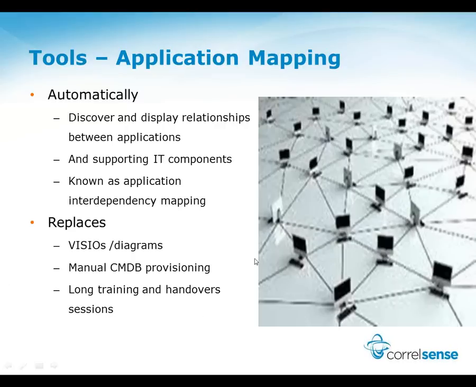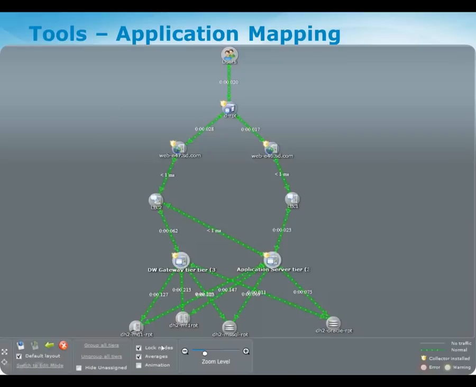So just to give you a quick example, here is an example of an application mapping. What you see here are the IT components within a relatively large data center that support a specific application. Okay, and this topology map, this application mapping, was auto-detected in real time.